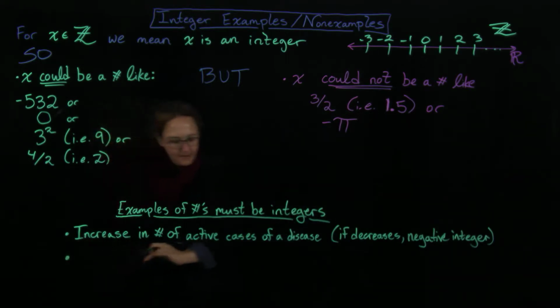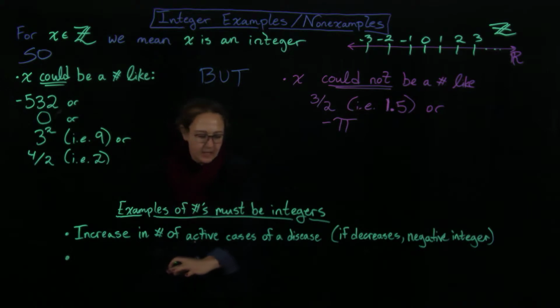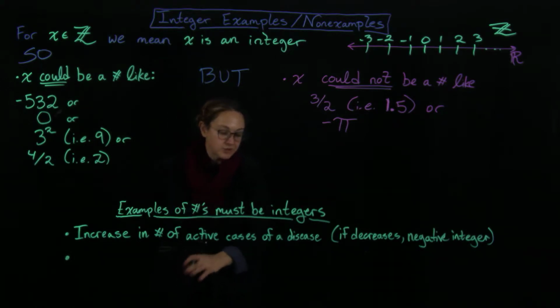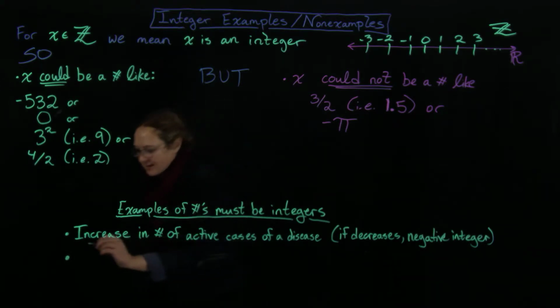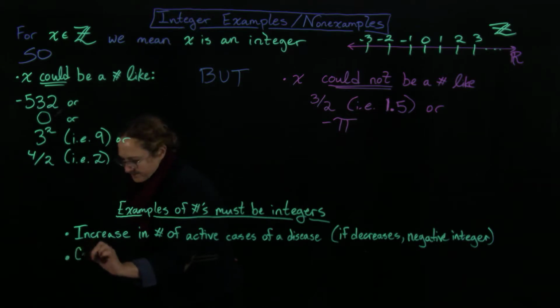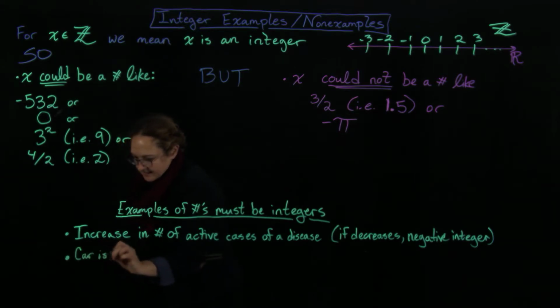The other one is to say something like, the car is located x spots to the right of the red car.